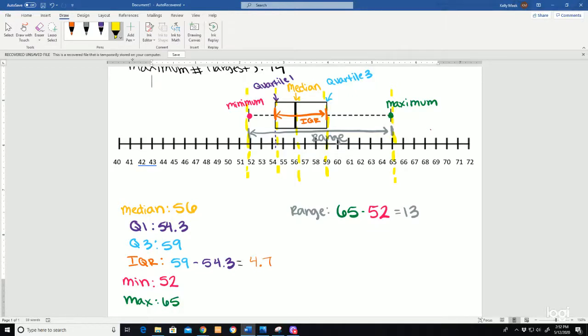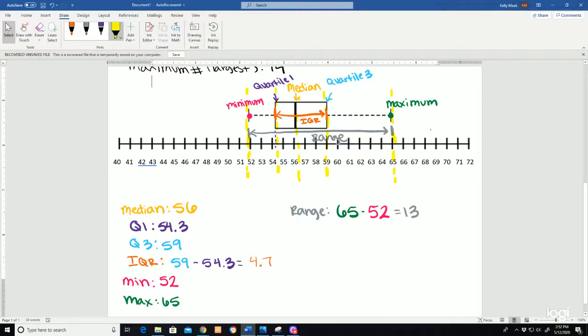You can see that this section at the beginning of the graph, from 52 to 54 and 3/10, is a medium-sized length, while the distance between 54 and 3/10 to our median at 56 is a very small space. And then continuing on, 59 to 65, that is a very big space, so the data is spread out a lot over there. So you can talk about how spread out the data is from this graph.